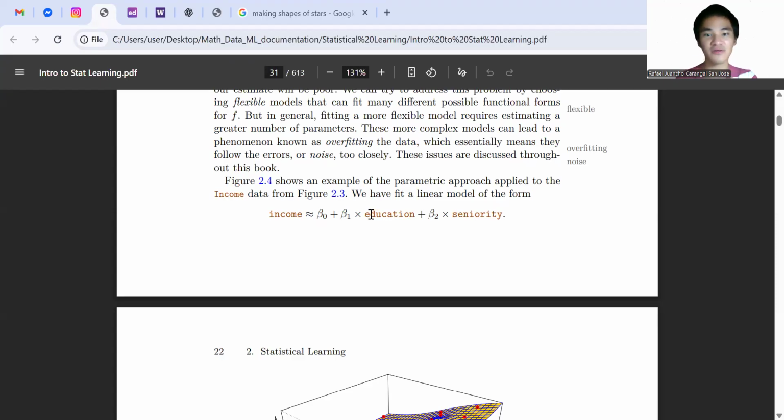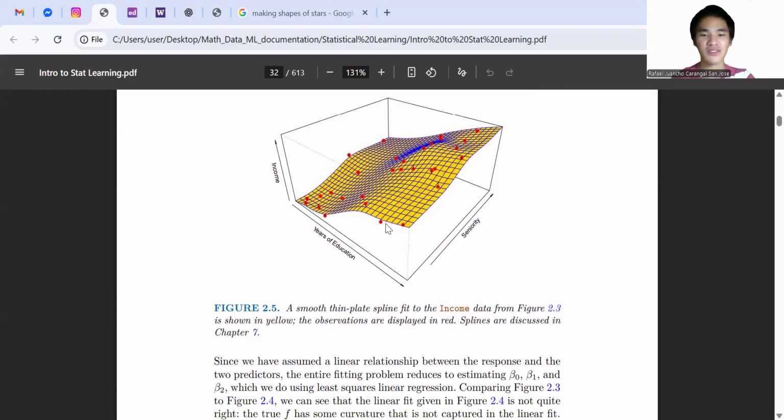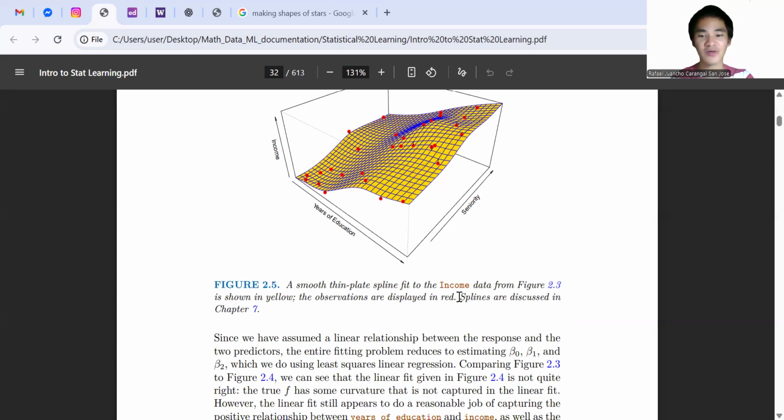That's one of my predictors, education. Another one was seniority. And then we fit it here. This is a spline fit, not a least squares fit, and we talk about that later in chapter 7.